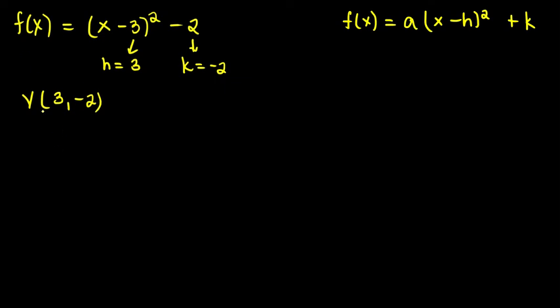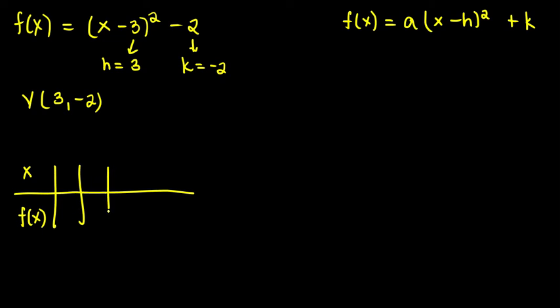Now that we have the vertex, we are ready to form the table of values. The table of values will consist of x and f of x. I recommend that we put 5 different values for x so that we can see clearly the graph of the function. So we need to form 5 columns.